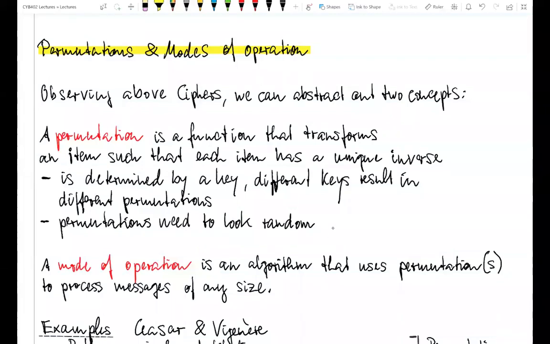So the randomness is important, and the unique inverse is important. We need to be able to decrypt a ciphertext back into the plain text, and if the inverse were not unique, we may receive different plain text for one ciphertext, and of course this is absolutely useless for our purposes.